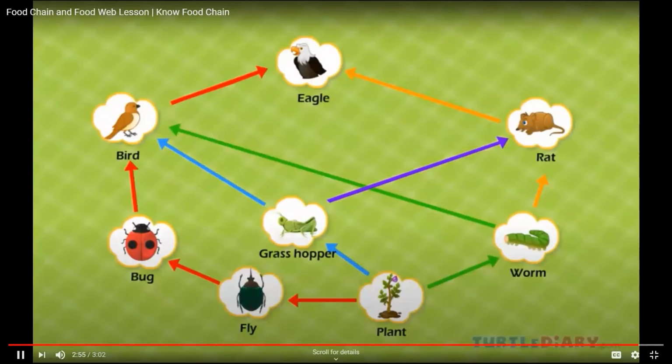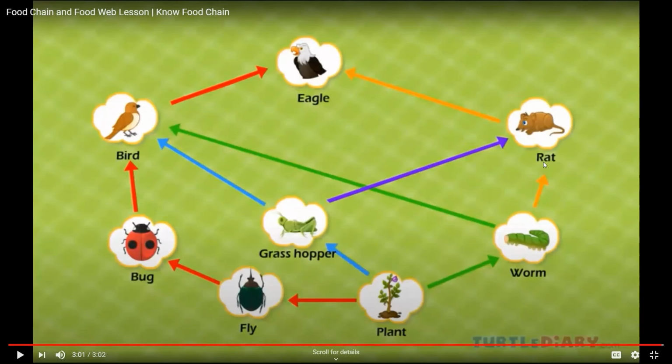A network of many food chains is called a food web. In this food web that is very complex, the plant is eaten by the worms, by the grasshopper, and by this fly. And this fly is eaten by the bug, and the bug is eaten by the bird, and bird is eaten by the eagle.